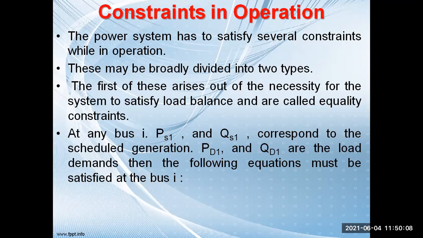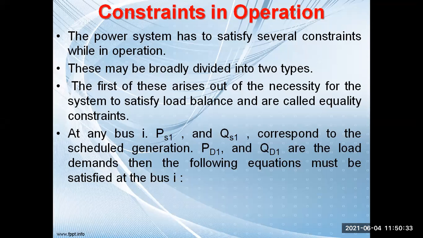But when you consider the transmission line loss, the total generation should be equal to total load plus total line losses. At any bus i, PSi and QSi correspond to the scheduled generation, and PDi and QDi are the load demands. Then the following equations must be satisfied at bus i. This is true for all buses. This is a general type of constraint.